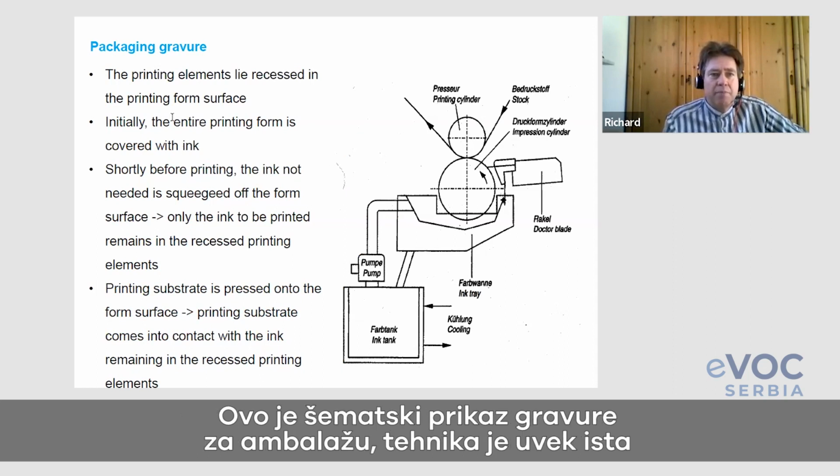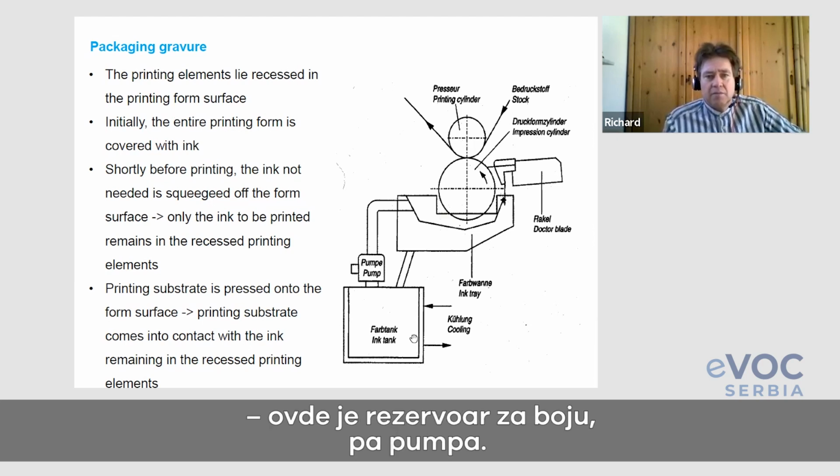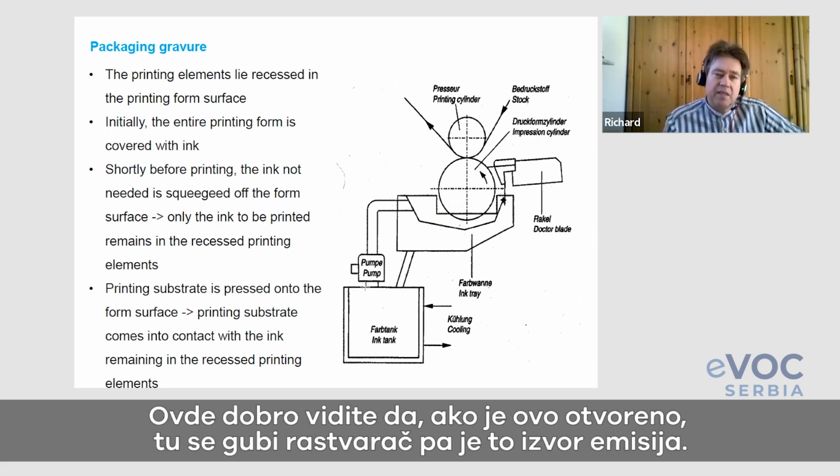So here you see another YouTube link where you can see it in more detail. That is now a packaging gravure scheme. The technique is always the same. You see here that ink tank, and here's the pump. What you can see already here, very good: if, for example, that is open, you have solvent losses.